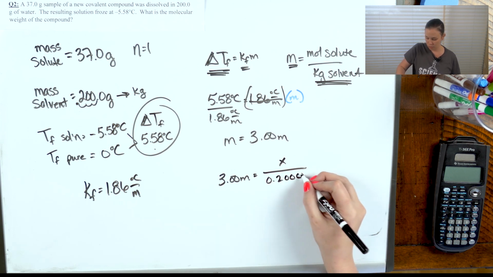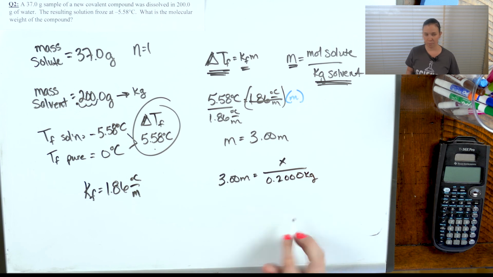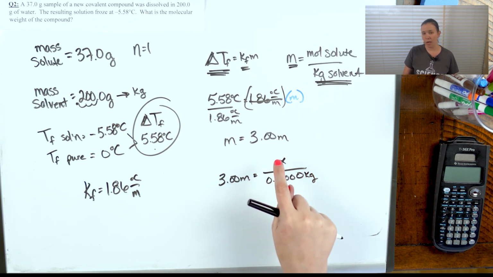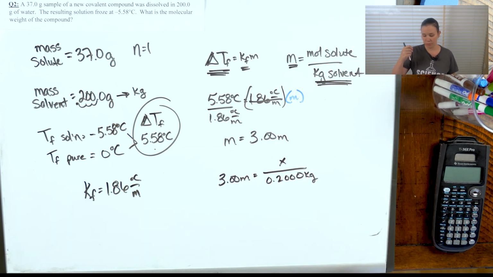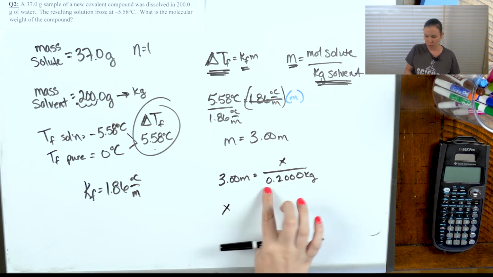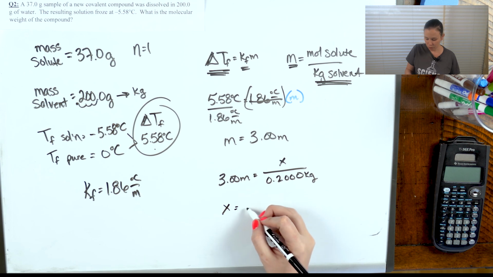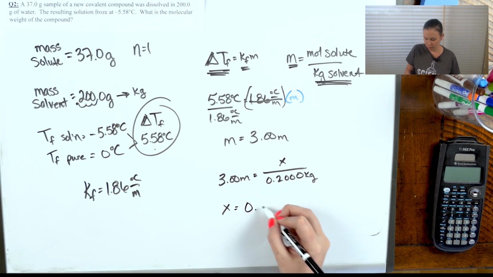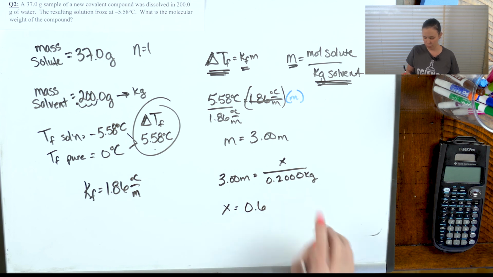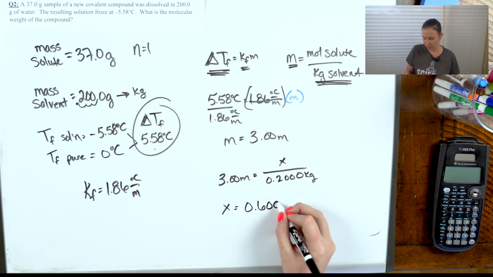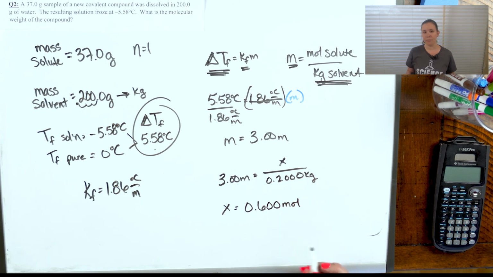Keep your significant zeros. This is going to now allow me to solve for x, which by definition of molality will be the moles of the solute. So what do we get when we do this multiplication? We're going to get 0.600 moles, keeping 3 significant figures.